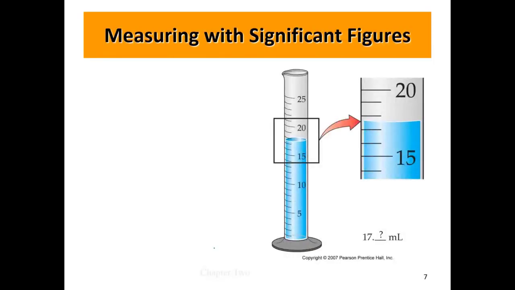So here's an example of a graduated cylinder, and this part is blown up, zoomed in. When we're measuring with a graduated cylinder, you'll notice that there's often this little dip. If you have liquid in it, the liquid kind of dips down a little bit. You can actually kind of see it here.